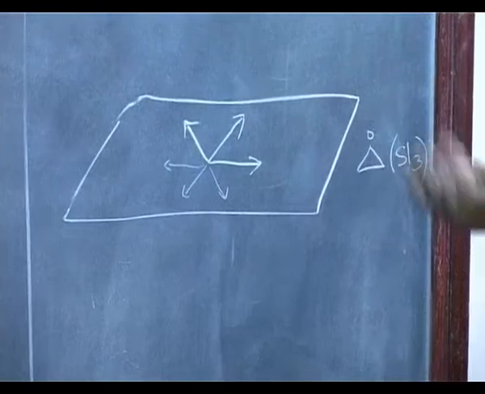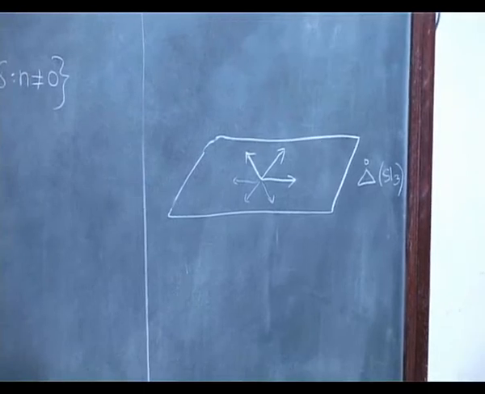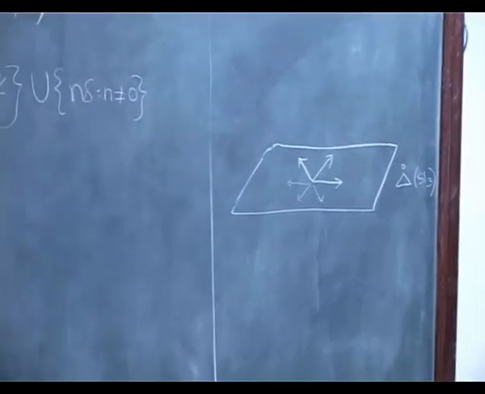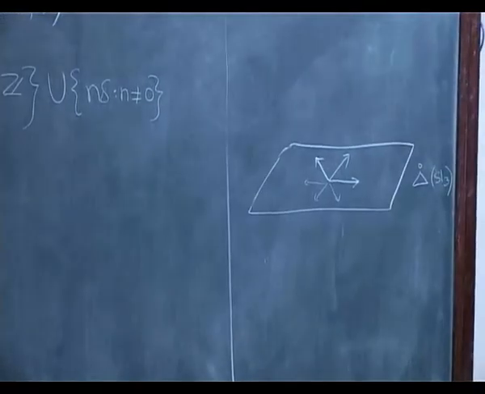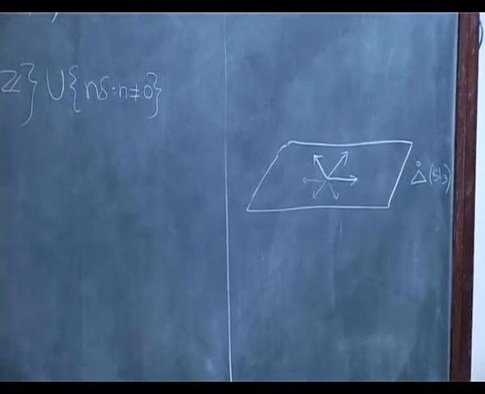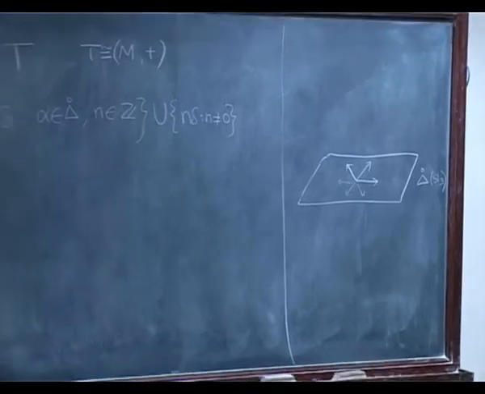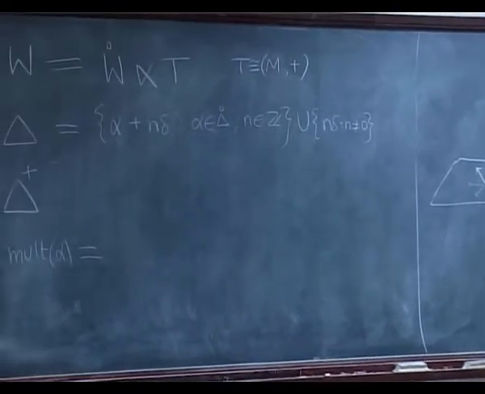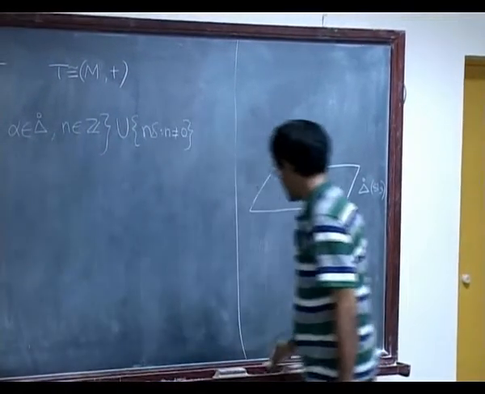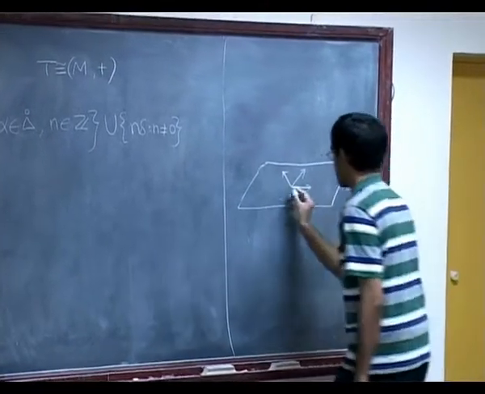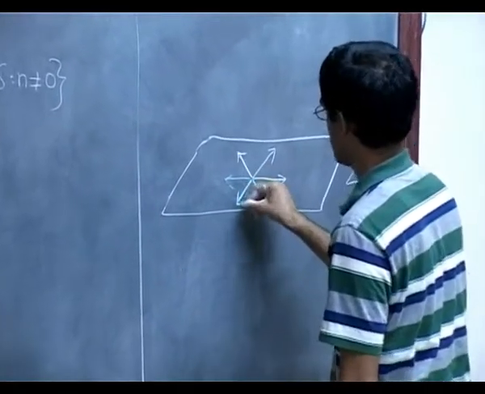I am constructing this affine Lie algebra, and this prescription tells us what all the roots are. So let me color these separately. Those are the 3 negative roots.